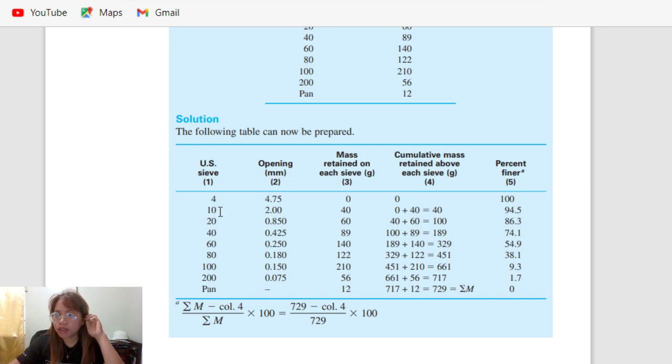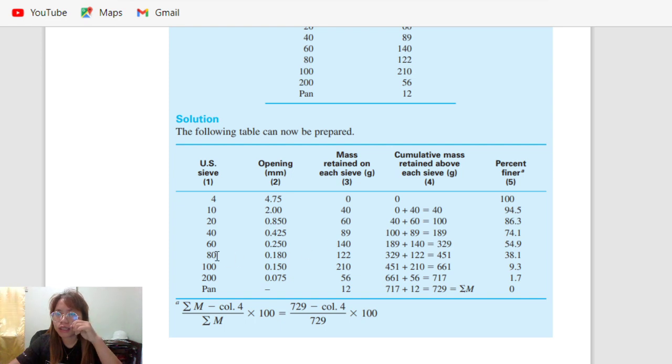For number 20, that is 40 plus 60, so 100. For number 40, 100 plus 89, so 189.